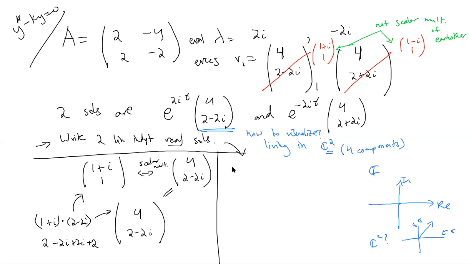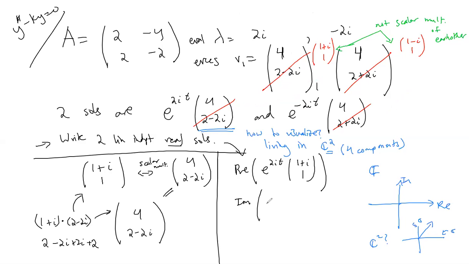Two linearly independent real solutions are the real part of e to the 2it times (1 plus i, 1), where I'm replacing the earlier vectors with these other ones, not because they're wrong, but because we want to match.